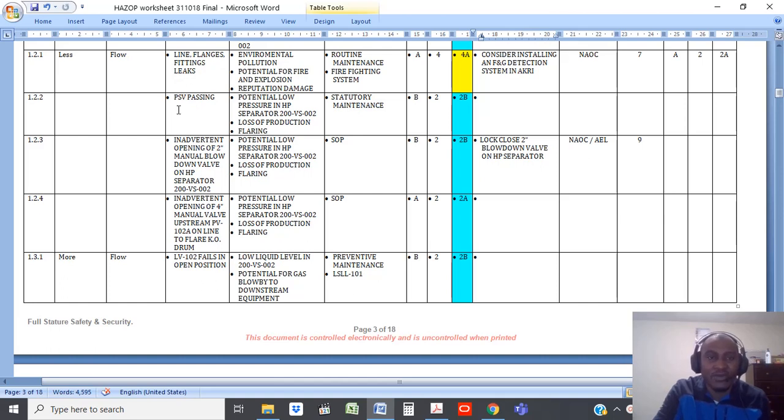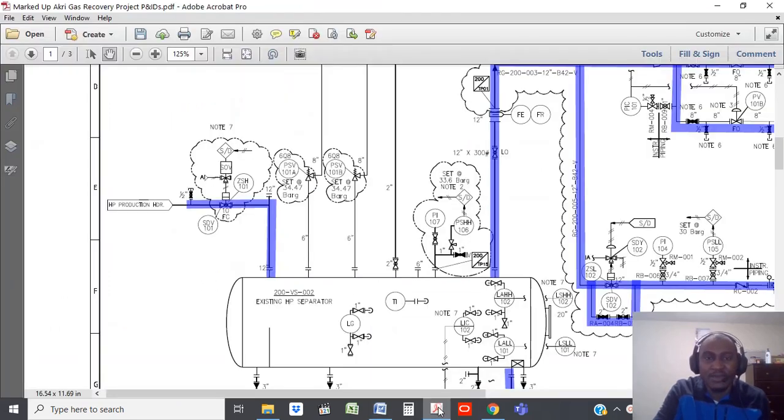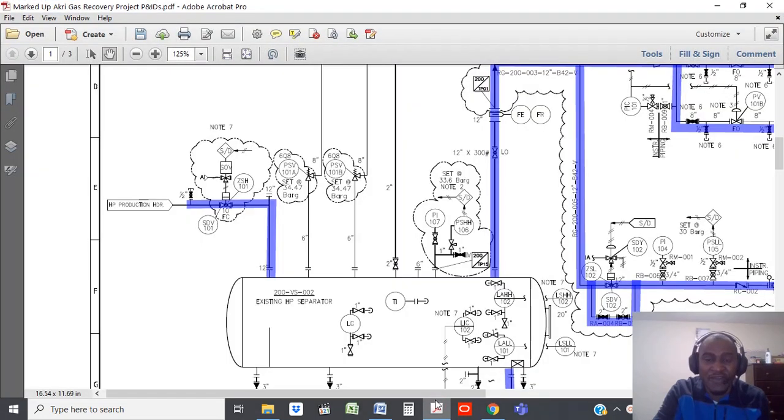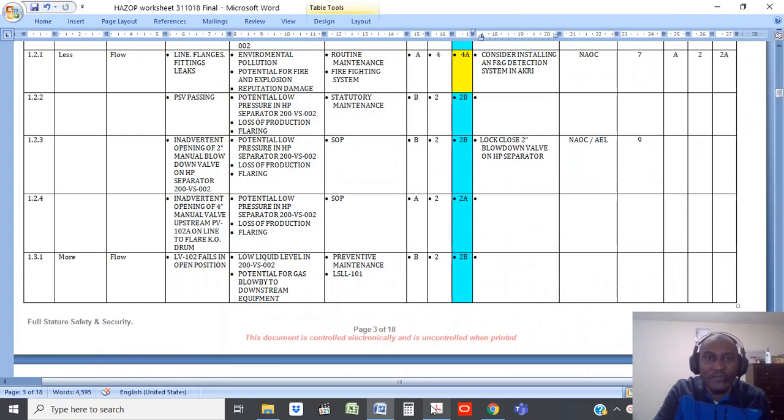What could lead to less flow? The PSVs might be passing, meaning they weren't properly maintained, and you'd have flow going through the flare, which would cause less flow in your intended direction. You could have leakage of lines, flanges, fittings, which could be bad because it could lead to fire and explosions, or to environmental pollution.